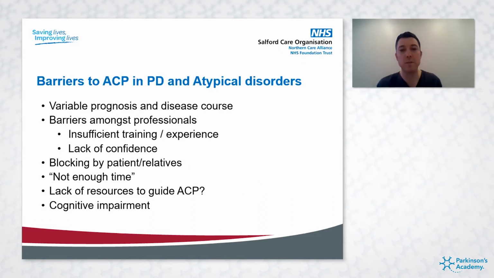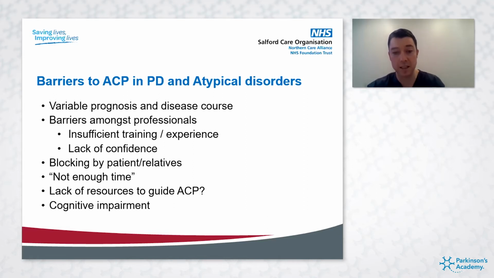And in terms of why people felt that the level of advanced care planning wasn't consistent, I think there was agreement that the prognosis and disease course being more difficult to predict than some of the certain disease groups we see in palliative care was probably one factor. Then there was professional confidence. They may not feel confident in initiating advanced care planning discussions. They may not have had specific training around that.